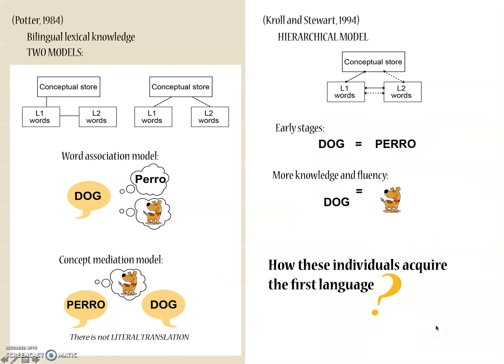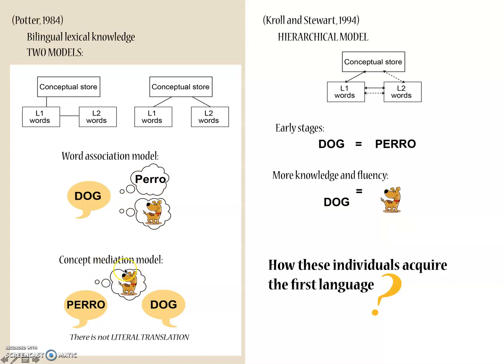But Porter proposed a theory in which bilingual lexical knowledge could be represented in bilinguals' minds through two models: the word association model and the concept mediation model. The first one is similar to the subordinate bilingualism that I mentioned before, and to understand a second language word, it is necessary to associate it with the first language word.